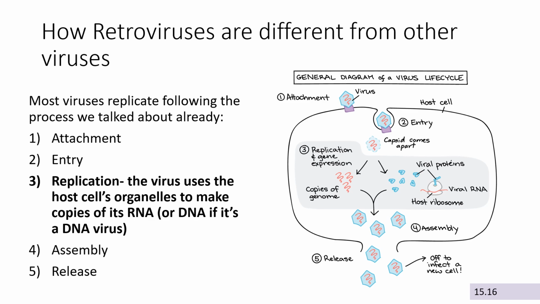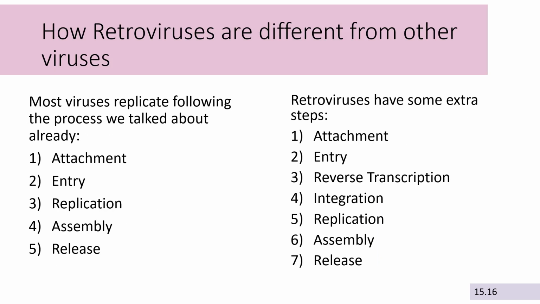With retroviruses, the main difference will be in this third step, the replication process. We're going to go through this process and the extra steps in replication of a retrovirus. But here is a list of steps in each process, just to show you the differences and help you remember the order of operations.